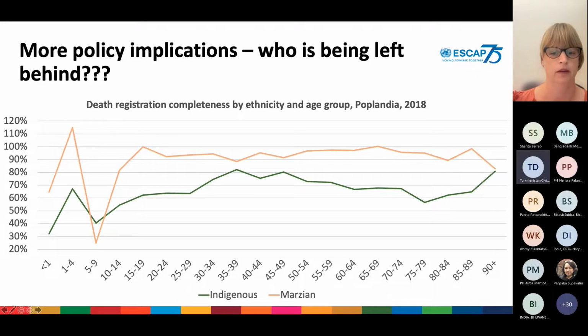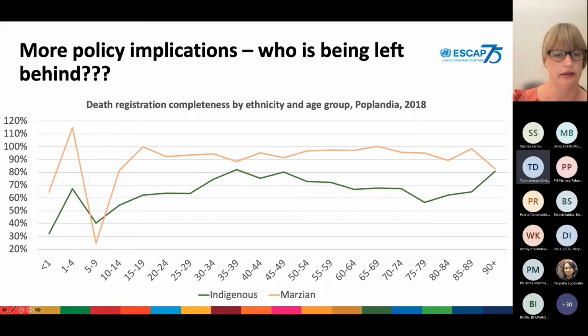And when we graph that it becomes very clear. So pretty much for all ages except for this 5 to 9 right here, we see quite a differential between ethnicities. So even for these under ones, it's also apparent.